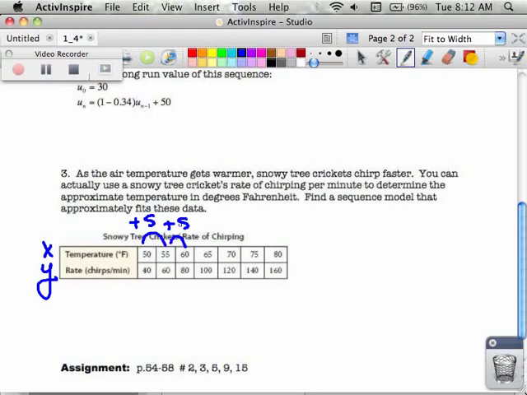And every single time that I'm looking at the temperature is actually going up by 20. Oh, every time I look at the temperature, I'm going up by 5, and the chirps are going up by 20? Did I say it backwards? Yeah. I'm sorry. So my rate, the chirps go up 20 for every single time my temperature goes up 5.